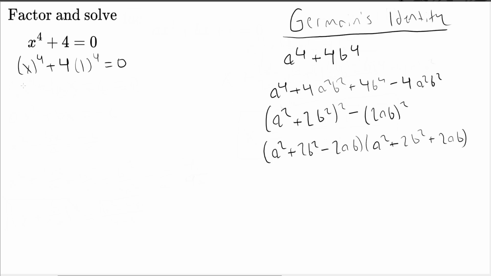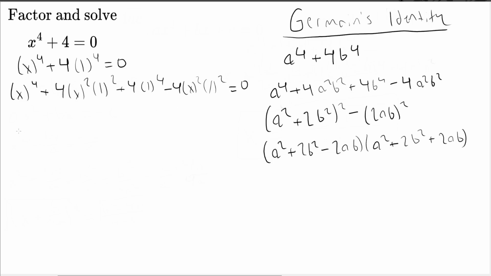So we have x to the fourth plus 4x squared times 1 squared plus 1 to the fourth minus 4x squared times 1 squared equals 0.